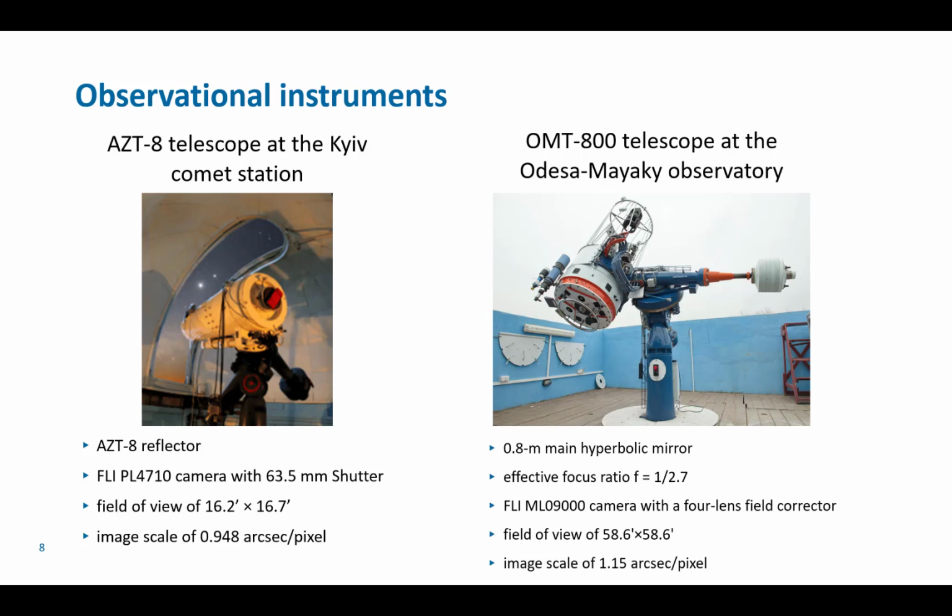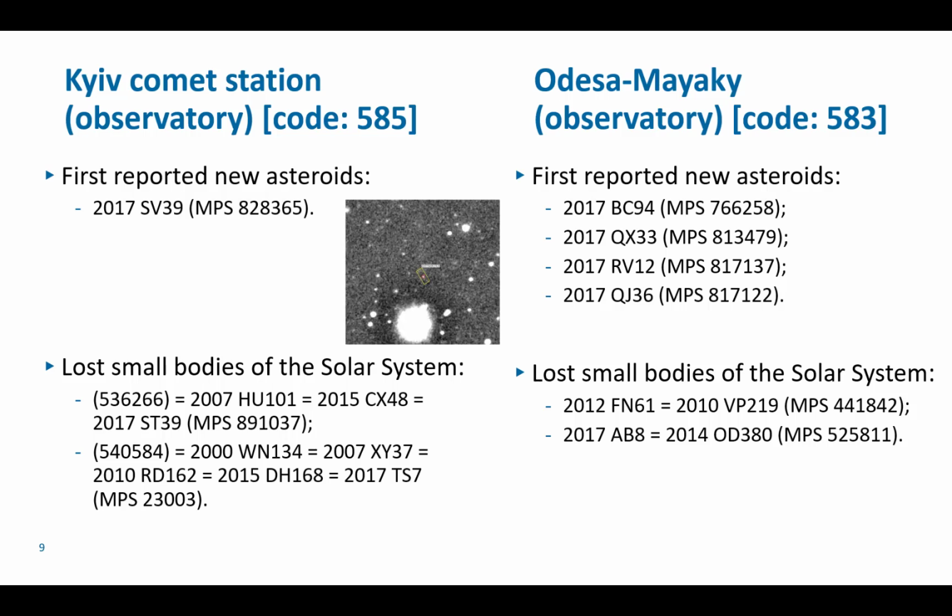Also, you can see the technical characteristics of these telescopes: the identifier of cameras, field of view, image scale, focus ratio, and size of main mirrors of these telescopes. Results of the observations are presented in the next slides.